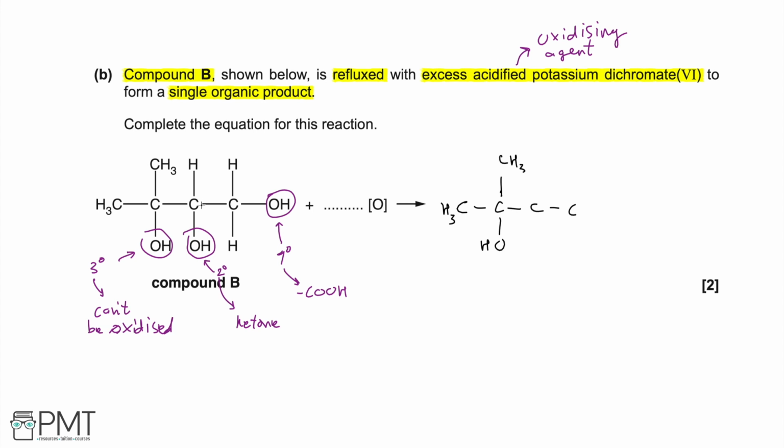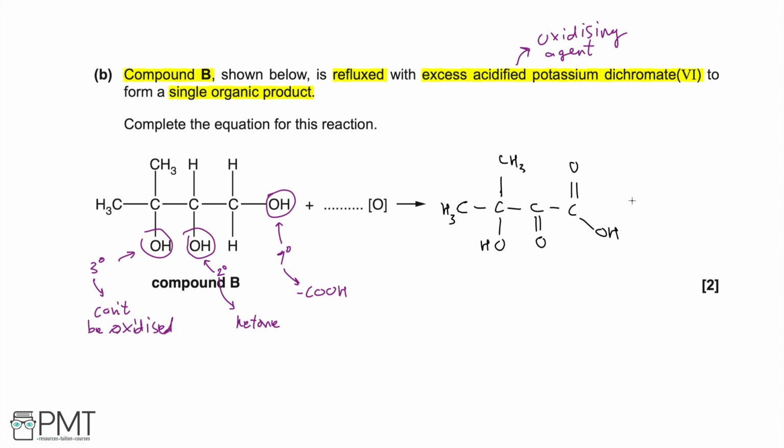This carbon here was a secondary alcohol. When this is oxidized, it also abstracts the proton from the carbon, forming a ketone. So we're going to have a carbonyl here. And finally, this alcohol is going to be oxidized into a carboxylic acid. So we can add that in here.